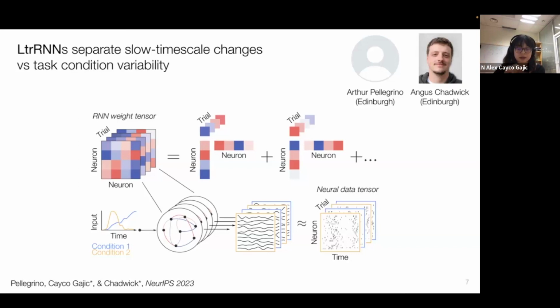So the variability as a result of learning, and not the variability as a result of the conditions. Instead, the conditions are coming in through the inputs that we're also fitting. So again, the learning related variability is all being funneled into the weight tensor, and the condition related variability is being funneled into the inputs.